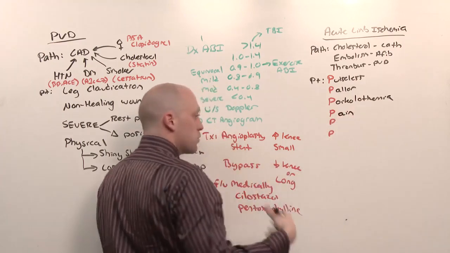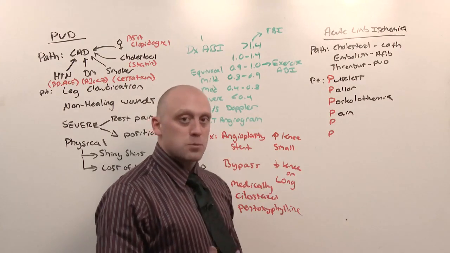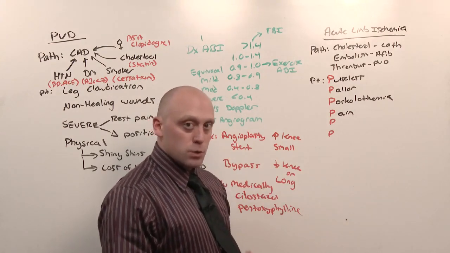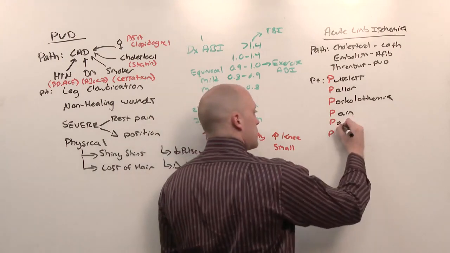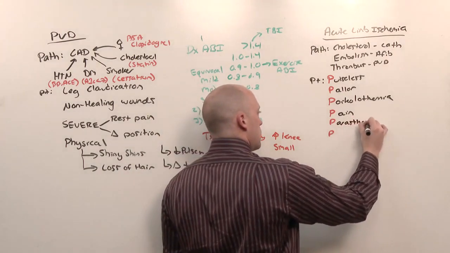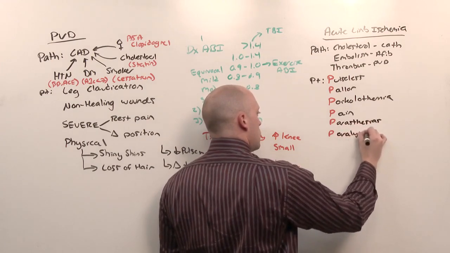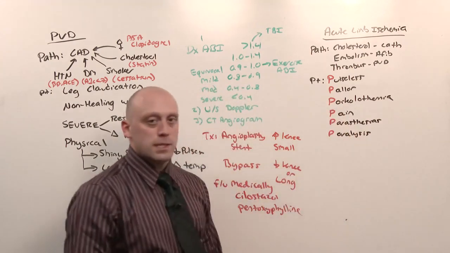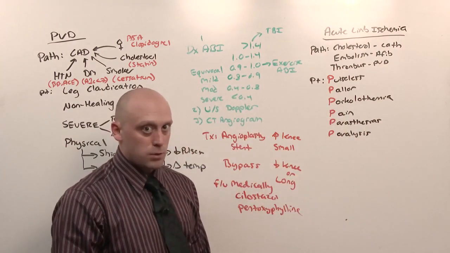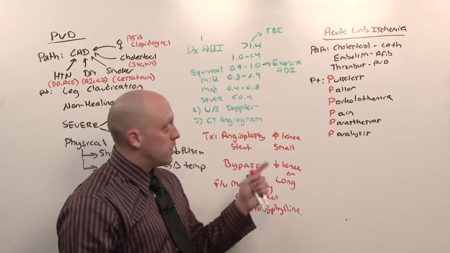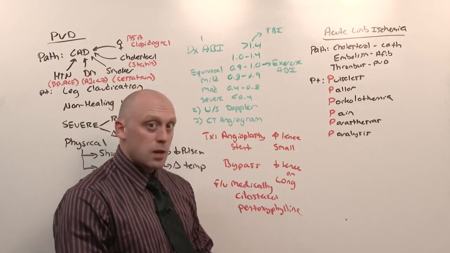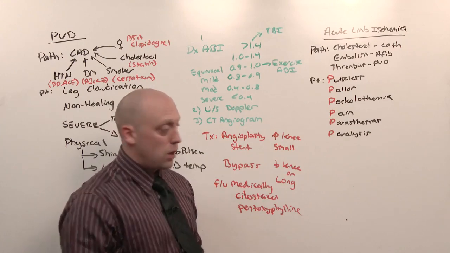And as the foot begins to die, it stops doing what it's able to do, which is move and feel. So you'll get paresthesias and paralysis. The further along you get and the worse it is, the more likely it is the foot is dead and needs to just be chopped off. But if you've identified someone with acute limb ischemia, you got about 6 hours to fix it, otherwise it's gone.